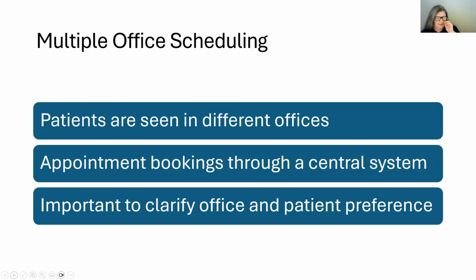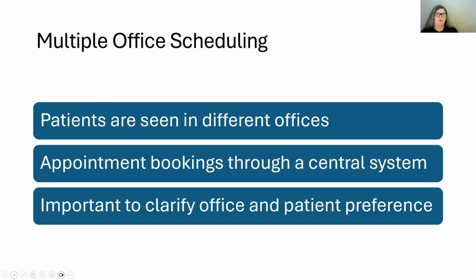Multiple office scheduling. So oftentimes, there may be offices or clinics that have multiple locations, and therefore their patients can be seen in different offices. Usually, and probably the smartest way to deal with this is to have appointment bookings through a central system.